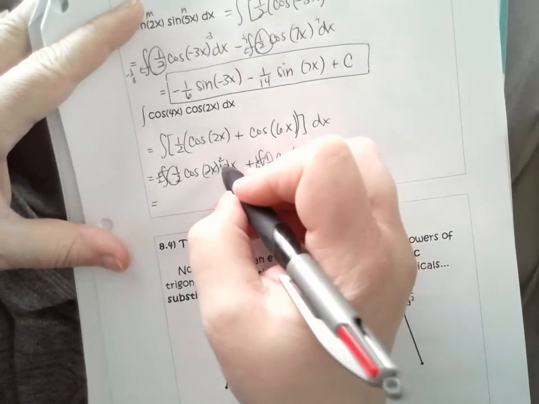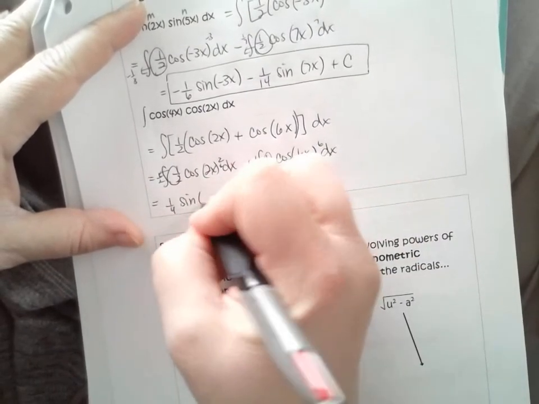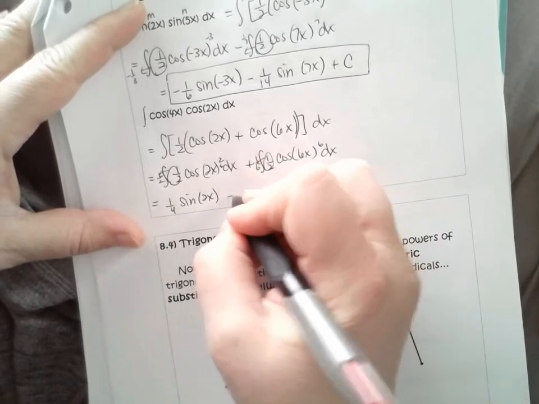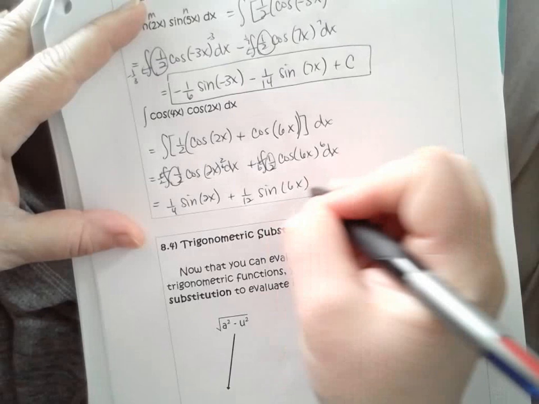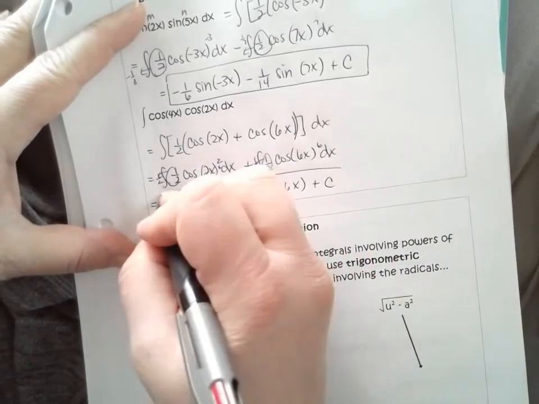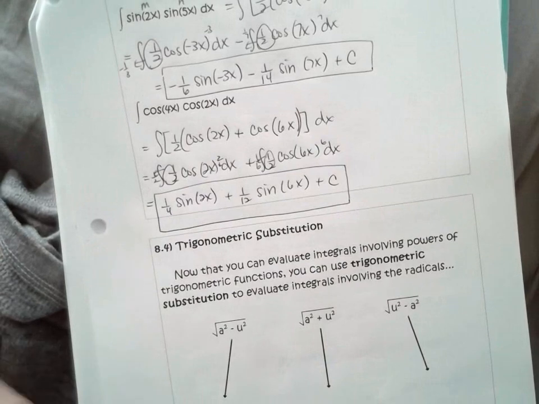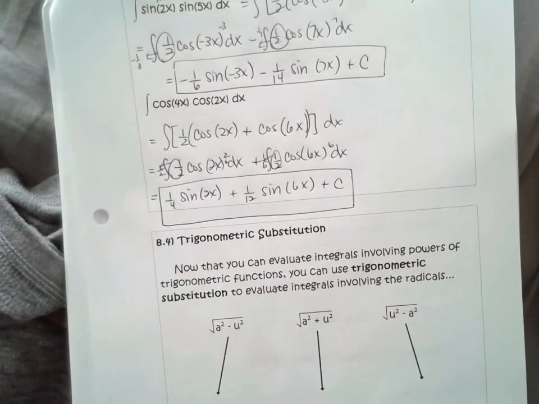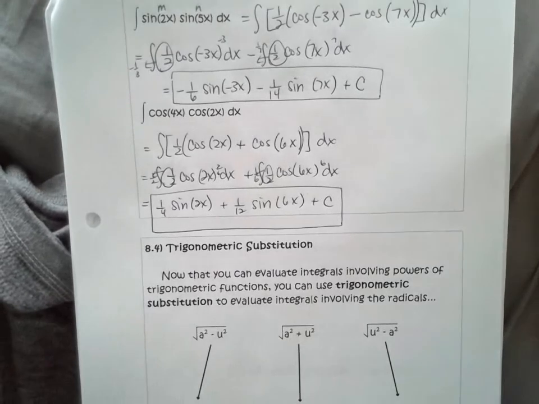This is going to be 1/4 sine 2x plus 1/12 sine 6x plus c. You don't see a lot of those. So again, that's why I'm referencing the page number and not expecting you to have it memorized. Okay? And that is your lesson for trig integrals.